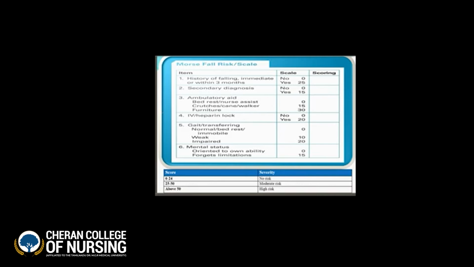And in mental status: oriented to own ability or forgets limitations. Okay, so these are the criteria of the Morse fall risk scale, and the scoring is 0 to 24 no risk, 25 to 50 moderate risk, and above 50 high risk. Okay, so according to the scoring, we want to deal with the patient and make a careful assessment throughout the shift.